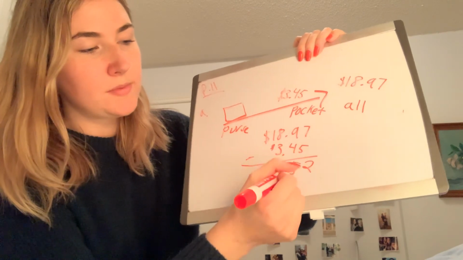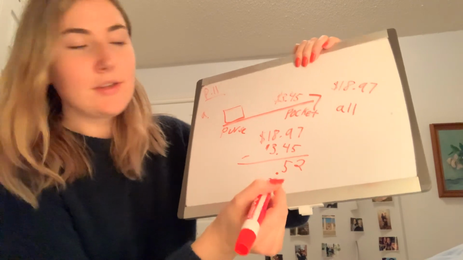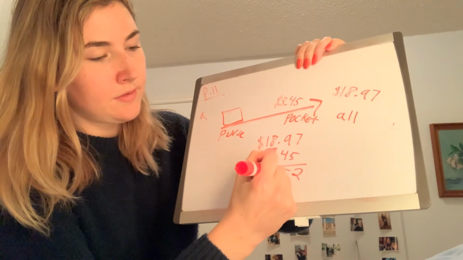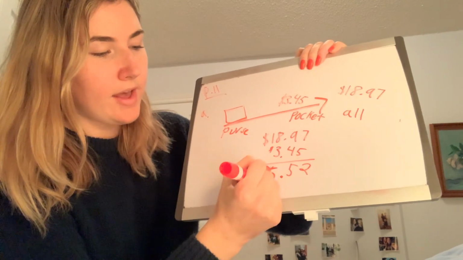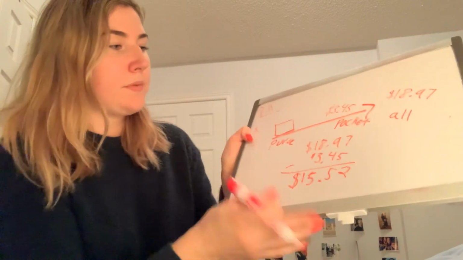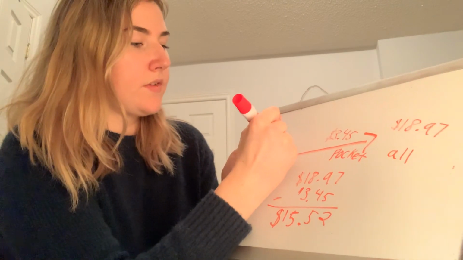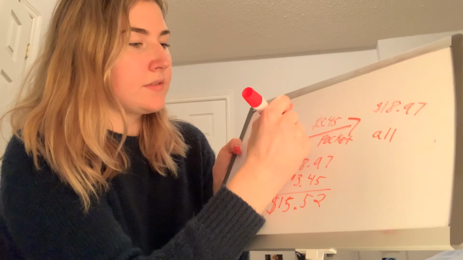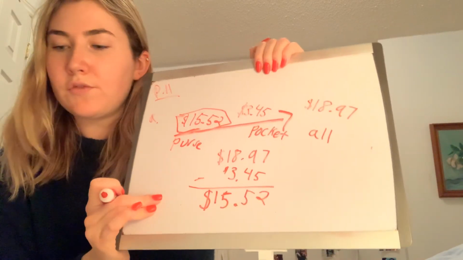Gonna make sure we drop down our decimal. Then we have 18 minus 3, which is 15. All right, and definitely make sure we're adding our dollar sign, and then we can input that at the top. So we know our purse, she has $15.52. And there's our solution for our first problem.